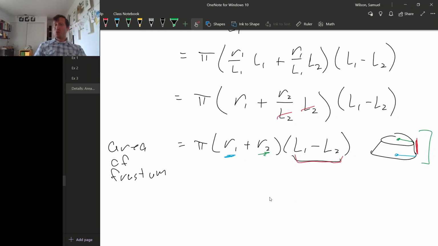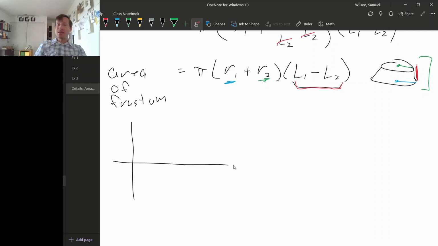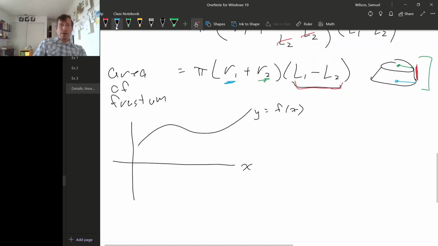But remember, why did we get this formula? It was because we wanted to know the area of a band that you get when a bit of arc length gets rotated. So here's, right, if we have some graph, y equals f of x, at a position x, we have this little bit of arc length right here.